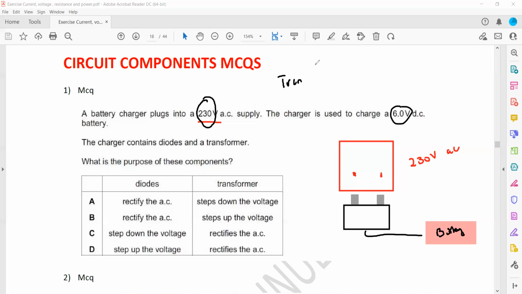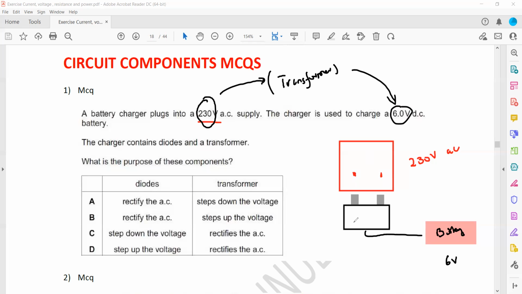A transformer is an electrical component which changes the voltage. Working of a transformer in detail we will discuss in the magnetism topic, the second part, the electromagnetism topic. So the purpose of a transformer is to change the voltage. It takes 230 as input and converts it into 6 volts, so this transformer is decreasing the voltage.